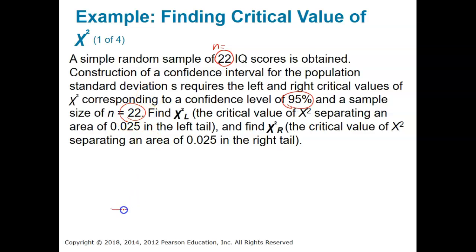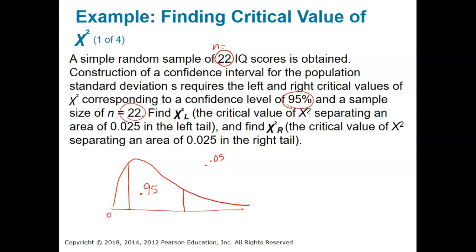So what I'm going to do is I'm going to sketch this out. I'm going to draw my distribution that's somewhat skewed. We know it starts here at 0. So what we're going to do is, just like we did before when we put 95% in the middle of our graph, we're going to do that again. And it doesn't really matter that it's centered up. What matters is that we have half of the area here and half of the area here.